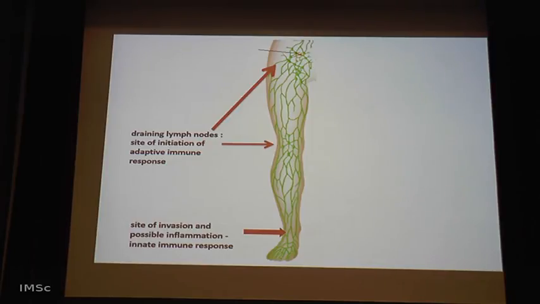So how did things move? That's how the immune system starts responding. There is an invasion or breach in the barrier in the skin somewhere here or wherever, and from there via lymphatics the bacteria or the infectious agents will travel.